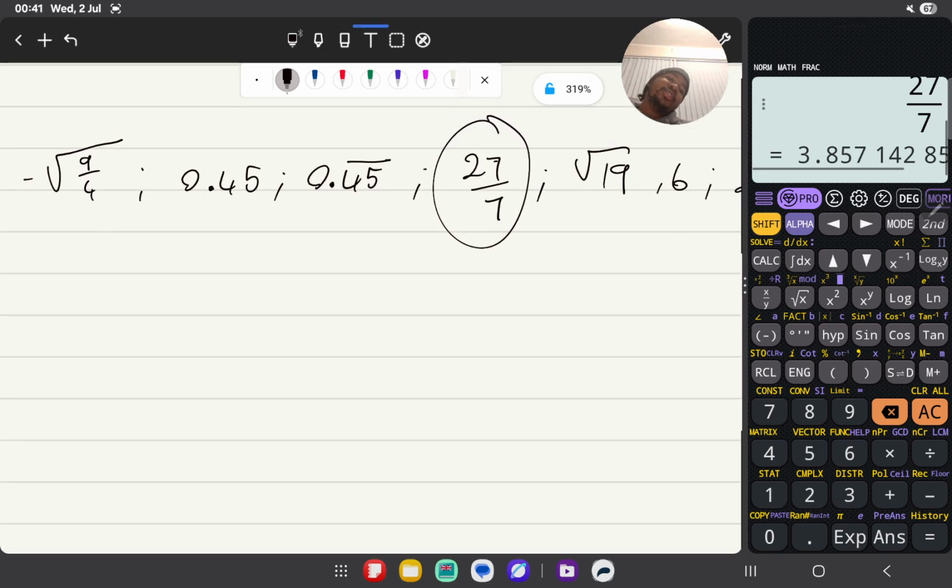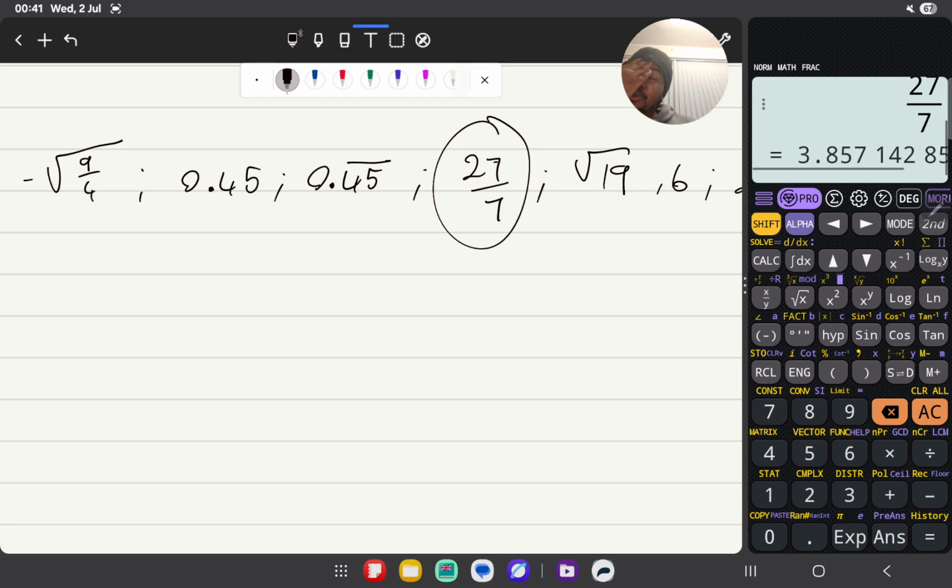When I was looking at it initially, I had actually forgotten how to change these numbers into decimals. So we're just going to do it right now. First, just like I did, we have 3 sevens in 27, so it's going to be 3.